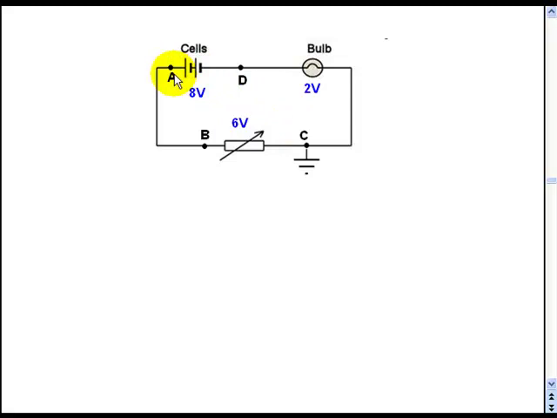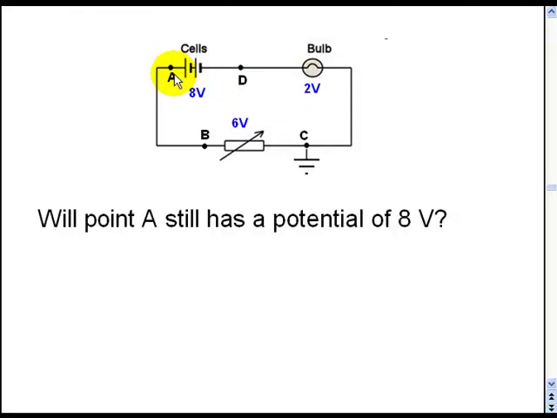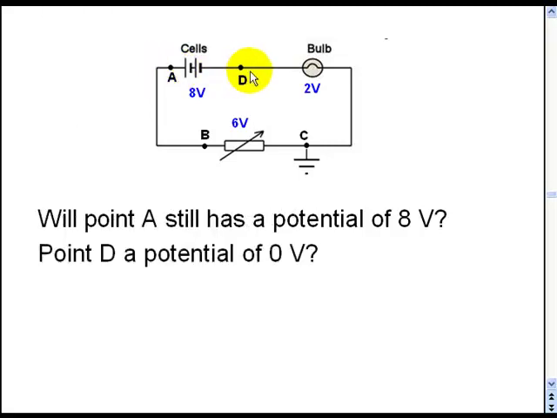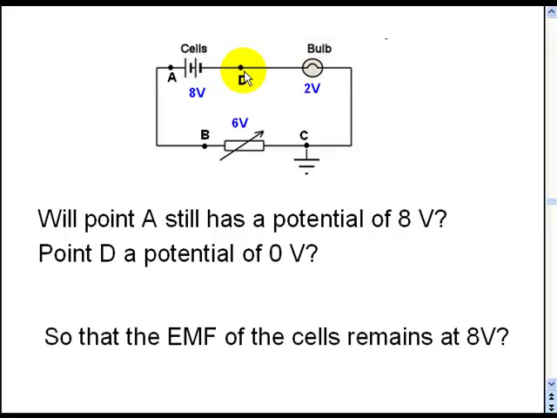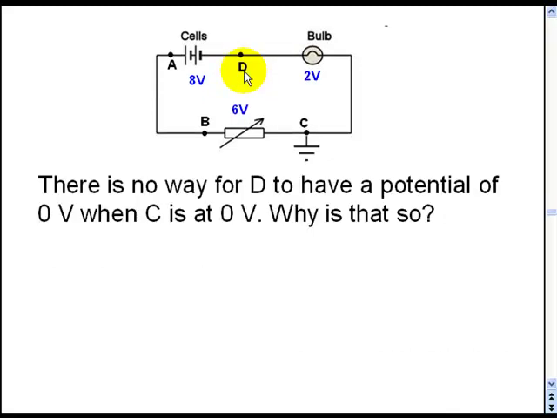Will point A have a potential of 8 volt, point D a potential of 0 volt, so that the EMF of the cells remains at 8 volt? Think about that. There is no way for D to have a potential of 0 volt when C is at 0 volt. Why is that so?